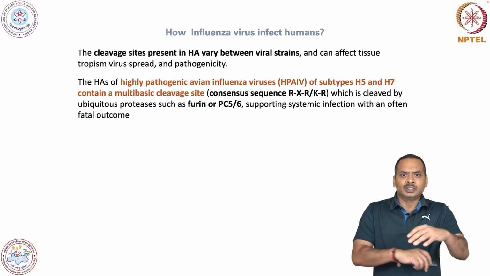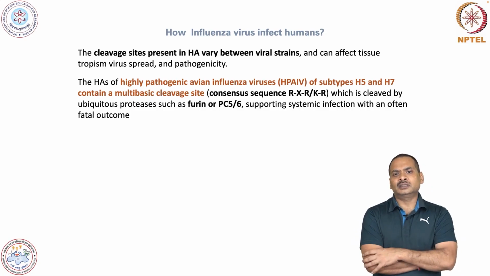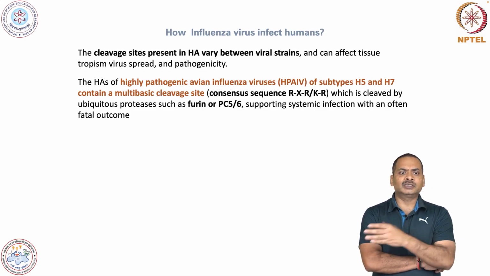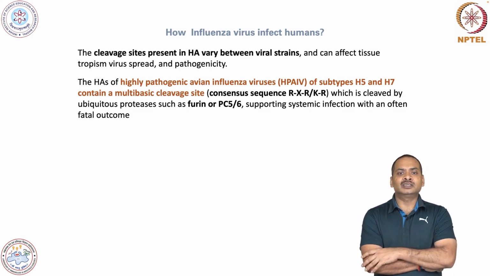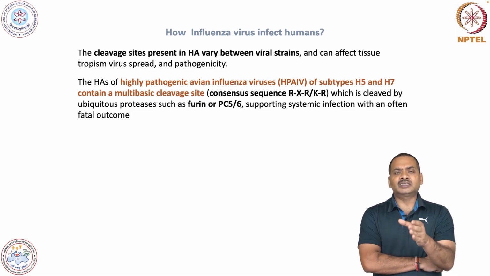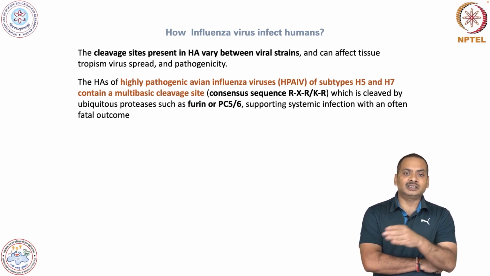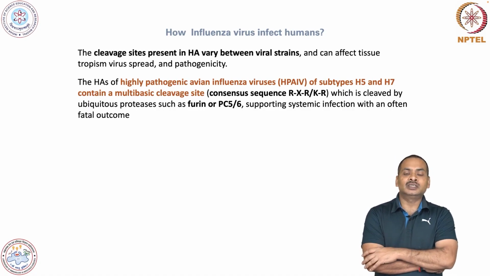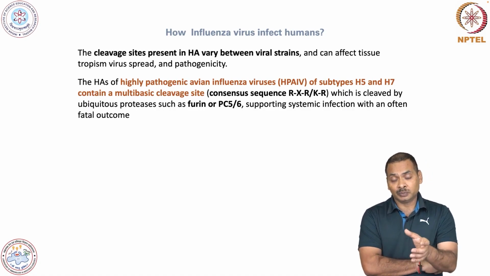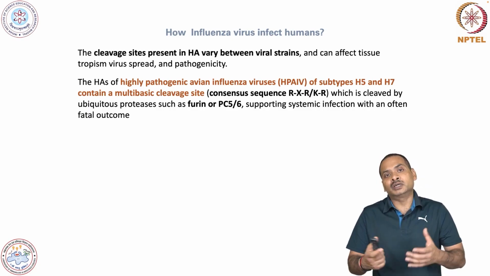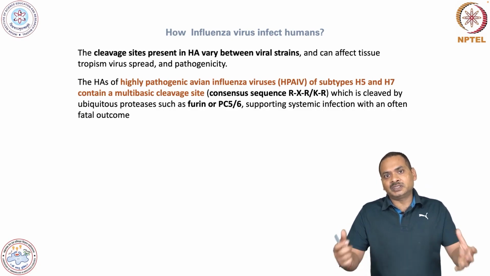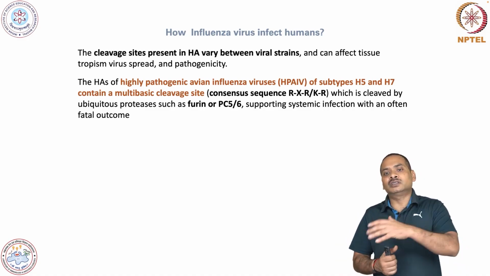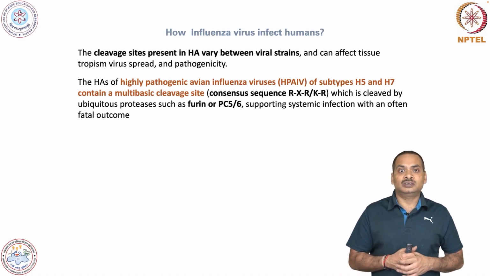Here you can see there is a multibasic cleavage site, and this is cleaved by the host enzyme, and once it is cleaved, the virus becomes very active. And if this enzyme is present ubiquitously, then that will cause more fatality.